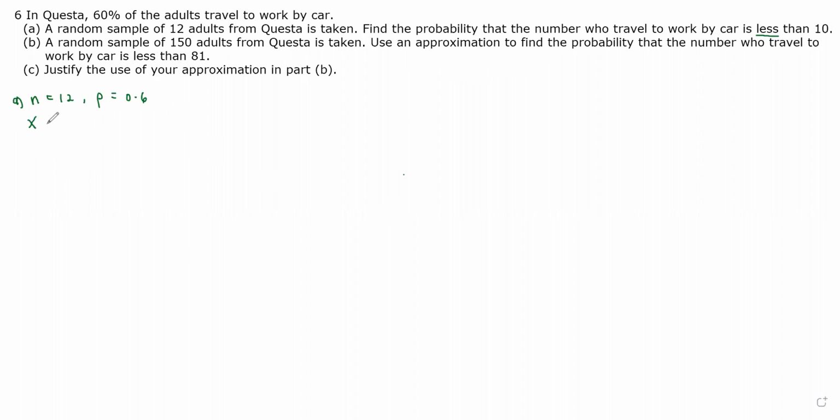If X is the number of adults who travel to work by car out of a sample of 12, then X follows a binomial distribution with n equals 12 and p equals 0.6.